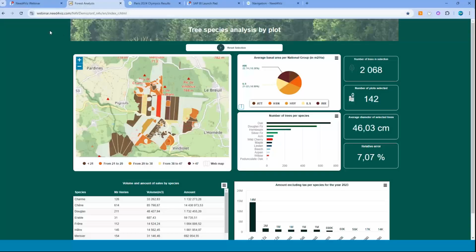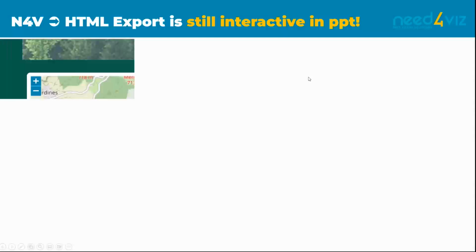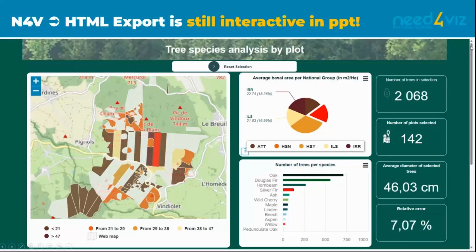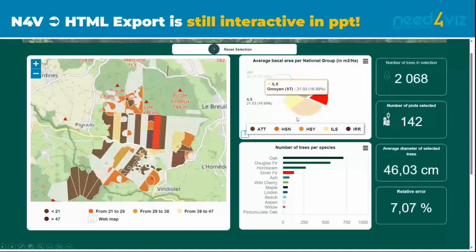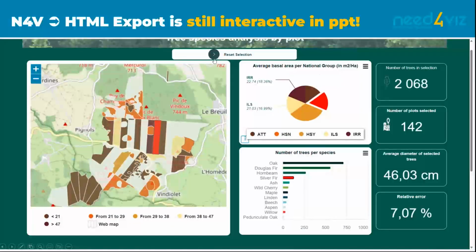And finally, there's one more thing that I'd like to show you about using location analytics from N4Viz. And that's that HTML can be exported to PowerPoint. So this is not a static image of my dashboard. This is my dashboard.